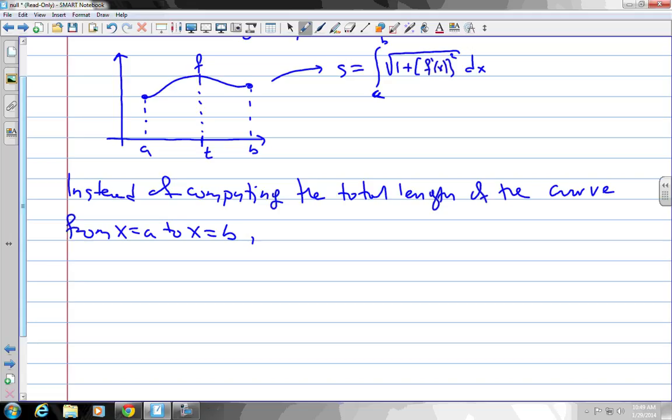So we're going to compute the arc length, the length of this curve from initial point a all the way to some point t.